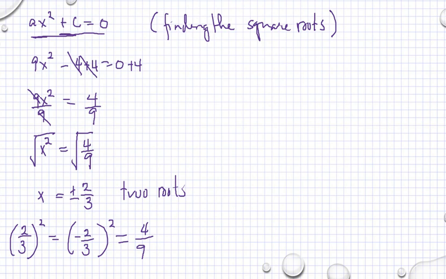For example, you have 5x squared minus 30 is equal to 0.